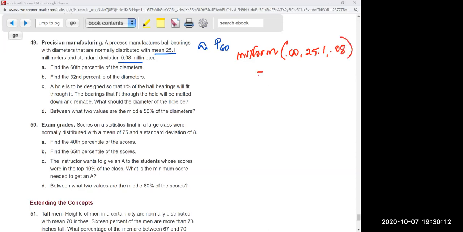Okay, and you will be able to get the answer. So whenever you see a percentile, that is the area to its left. What is the answer?